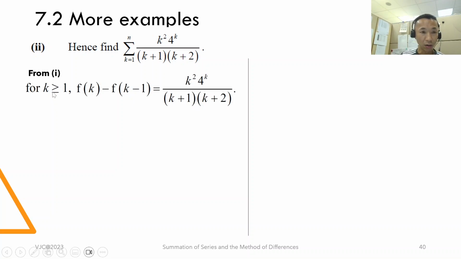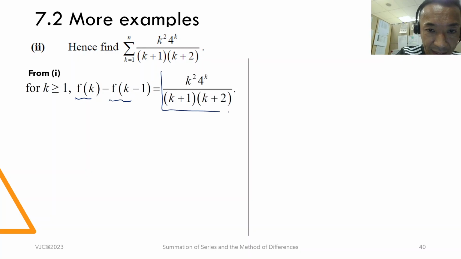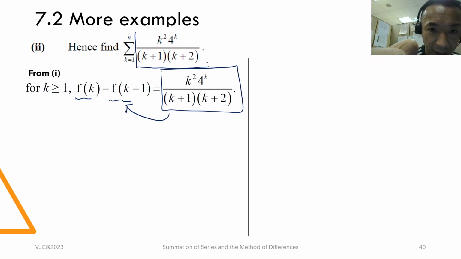Now, recall from part 1, you have already shown that f(k) minus f(k-1) is this. That means this one can go this way. Meaning to say this one, which is exactly the same as that, can be expressed as f(k) minus f(k-1). So I'm going to jump straight to this.